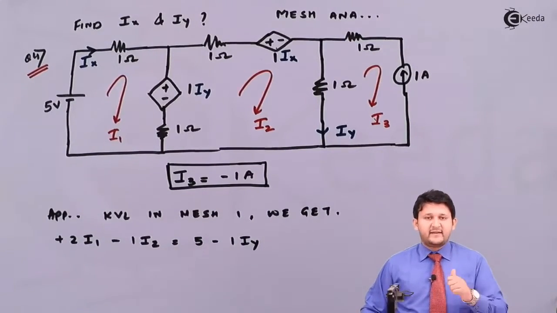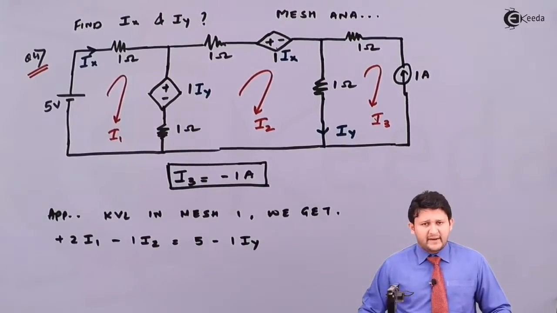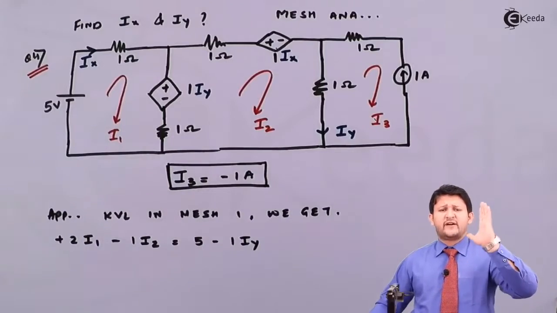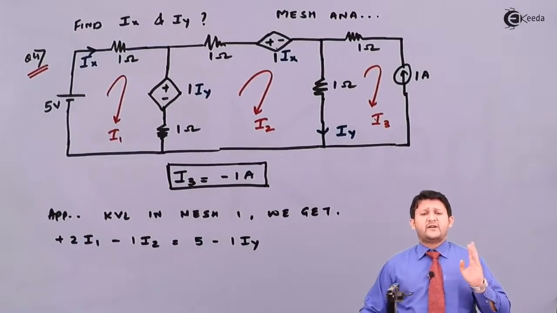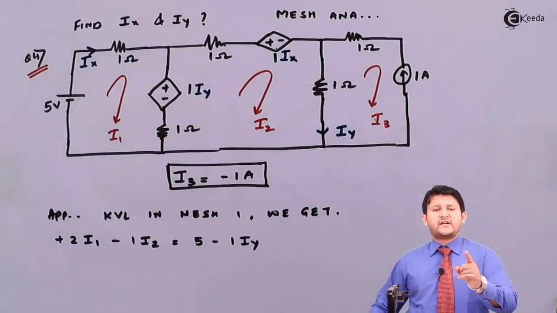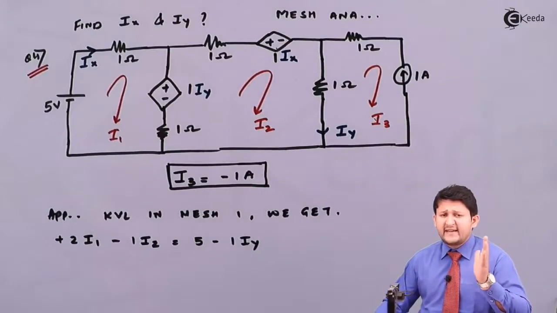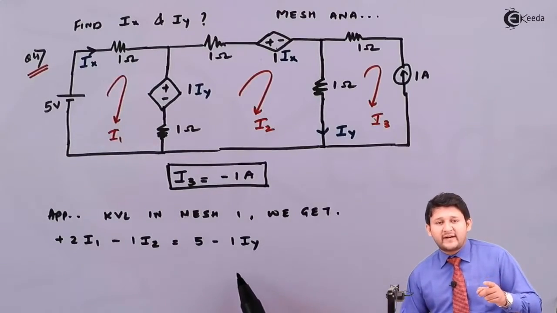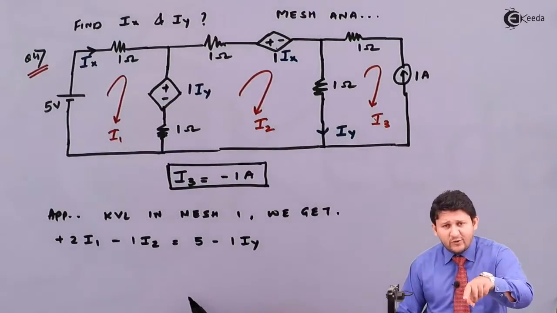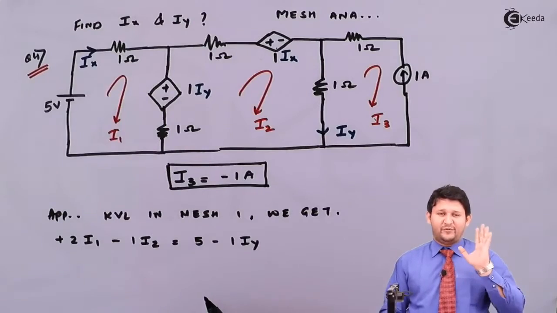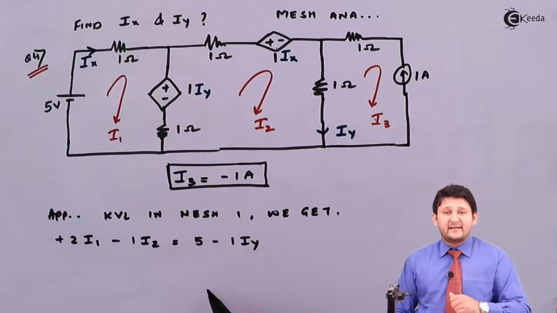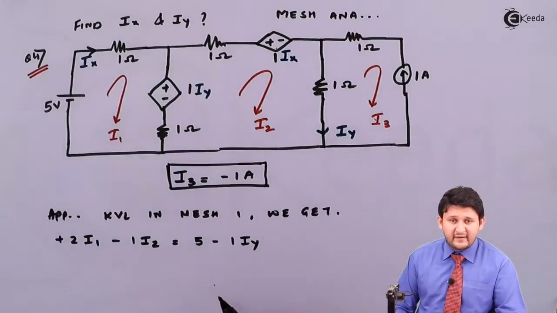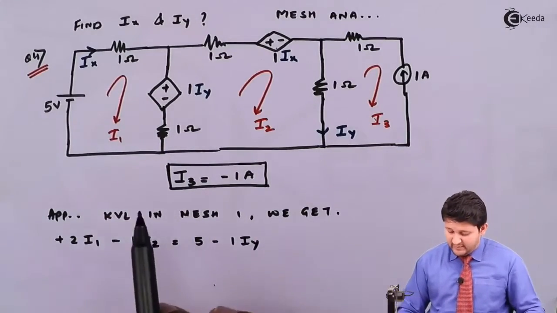You got it after solving mesh 1. But logic says if I need to solve it further, I need to get the equation in terms of unknowns. My unknowns are I1, I2, that's it. So I need to get this equation in terms of I1, I2. That itself says my IY should be converted into I1 or I2, or a combination of them.